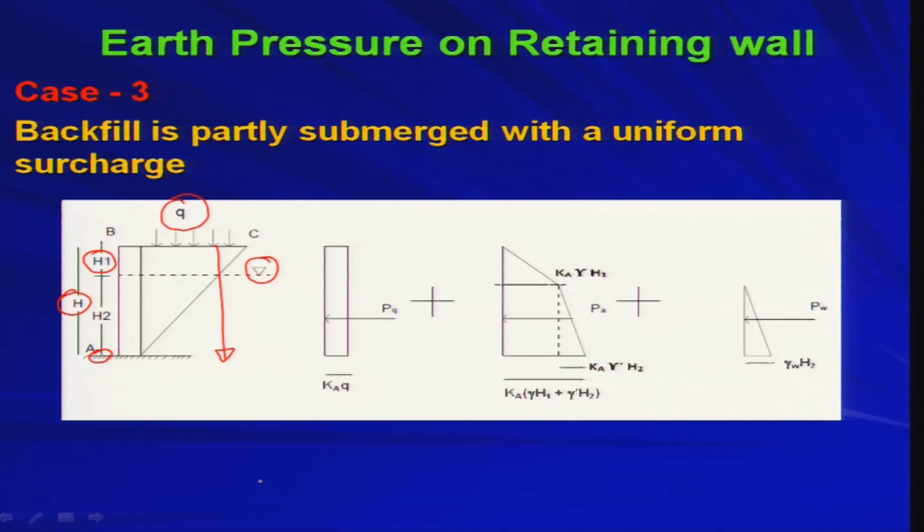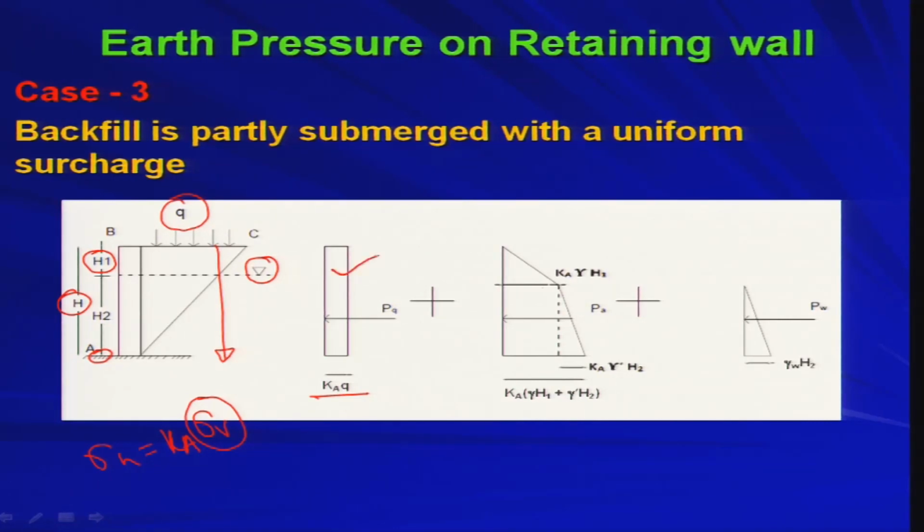But what will be the magnitude of the lateral earth pressure? In case of active state, that will be Ka into Q. Ka is your active earth pressure coefficient, multiplied by Q, it will give you the lateral pressure, because sigma H is equal to Ka into sigma V. Here sigma V is Q. So, sigma H, that is the active earth pressure due to surcharge, will be equal to Ka into Q, simple.